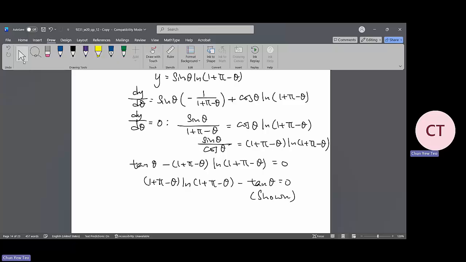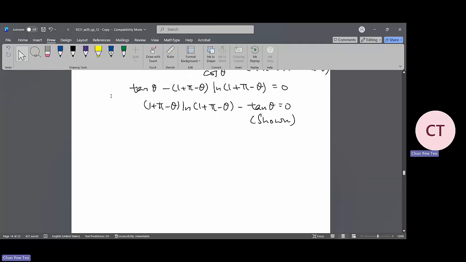Now we want to show that the root is between 1.2 and 1.3. So we just need to let the whole thing over here be f theta, which is 1 plus pi minus theta ln 1 plus pi minus theta minus tangent theta equal to 0. You just put 1.2 and 1.3 inside.